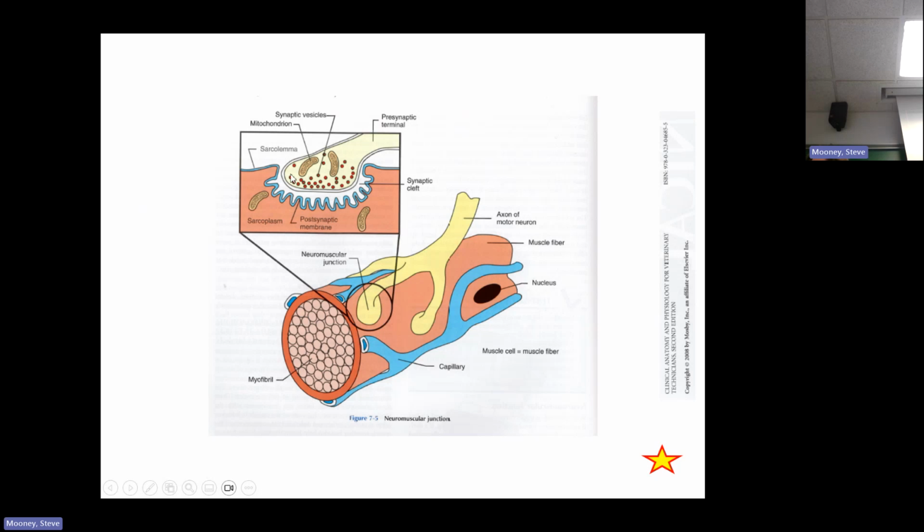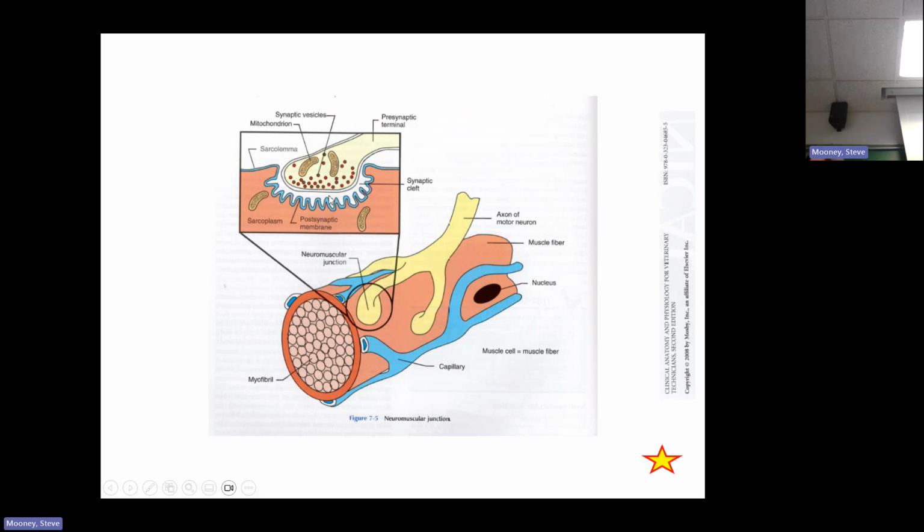We have the button coming down here, forming the myoneural junction. We have an electrical signal coming down. That's going to release the synaptic vesicles. They're going to release acetylcholine into this synaptic cleft, the space between the nerve and the muscle cell.